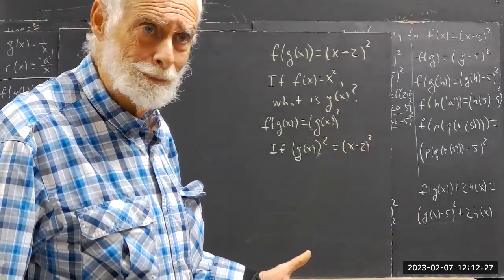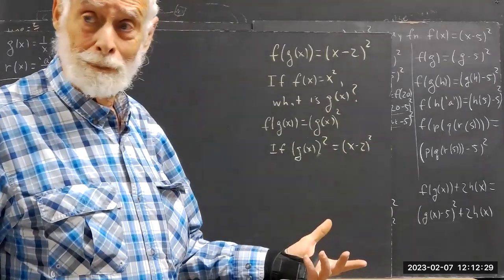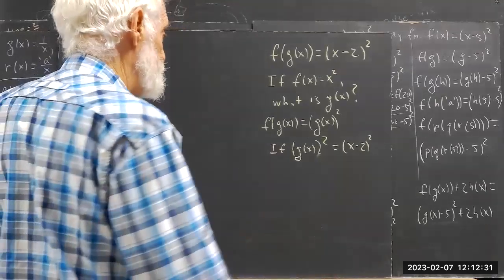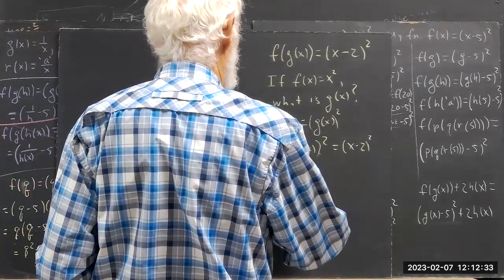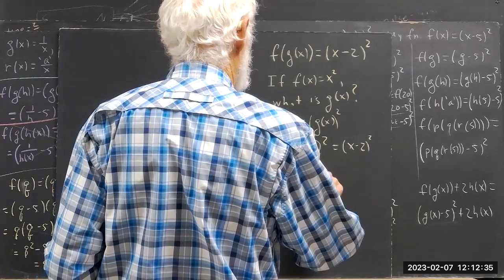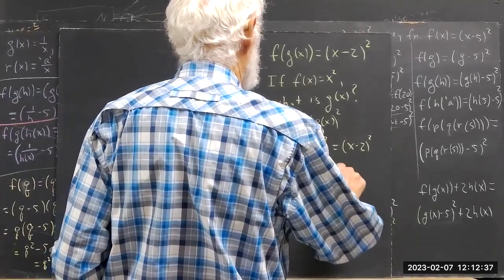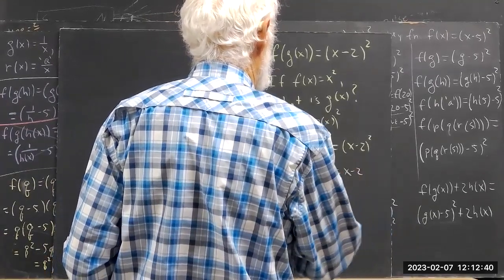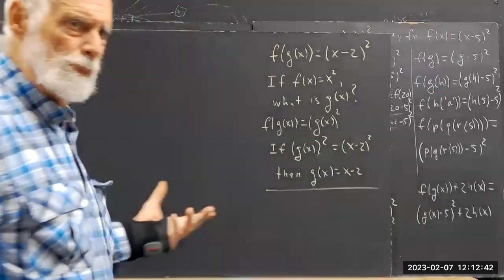It's g of x equals x minus 2. Isn't that kind of obvious?